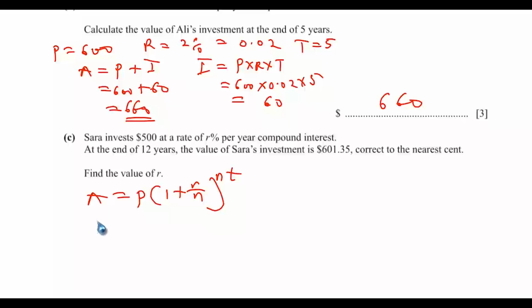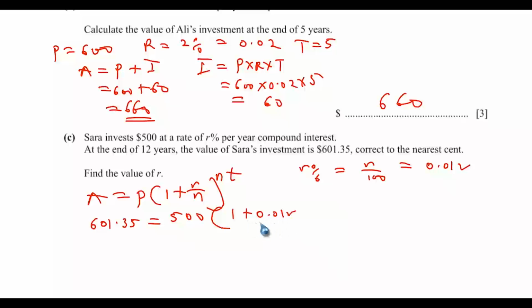We have 601.35, that's the amount, equals the principal, that is $500, then into bracket 1 plus the rate, which is what we are looking for. So we can write the rate in percent as R out of 100, which is the same thing as R over 100, which is the same thing as 0.01R. So I can put 0.01R. I don't need to put percent again because I have divided by 100 already.